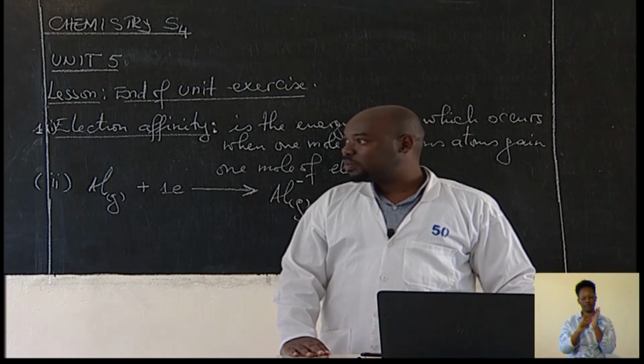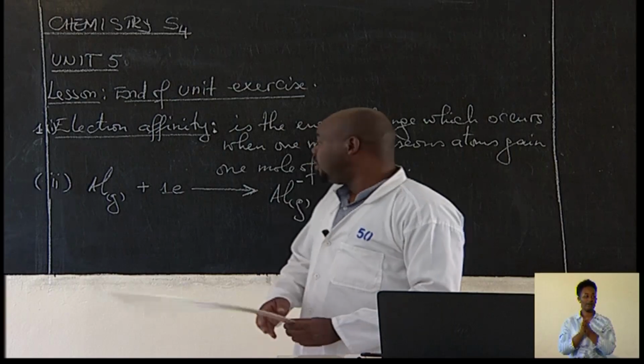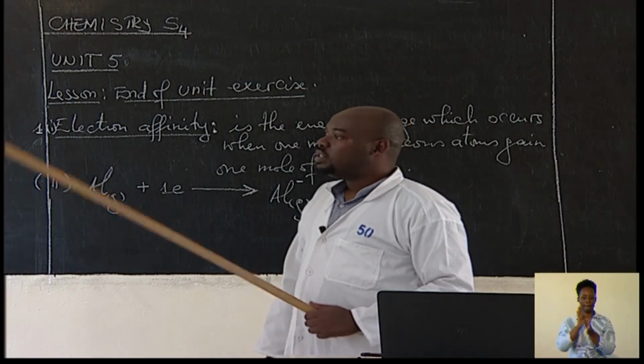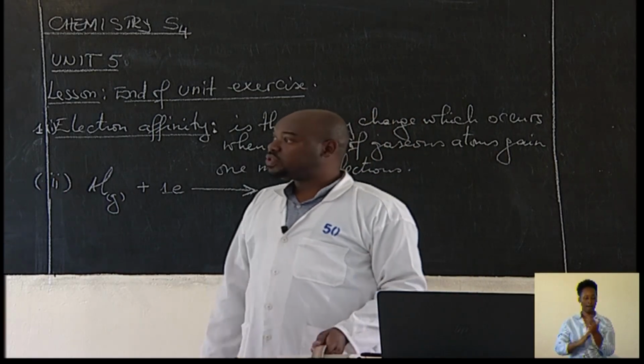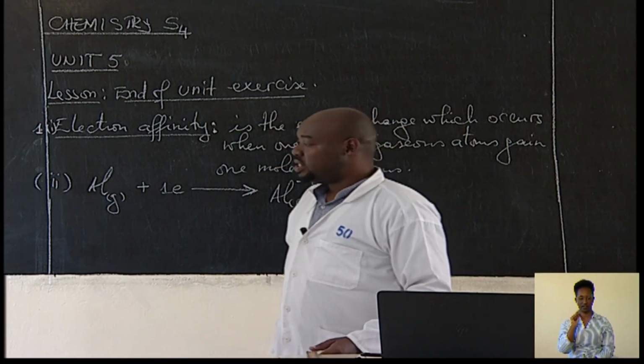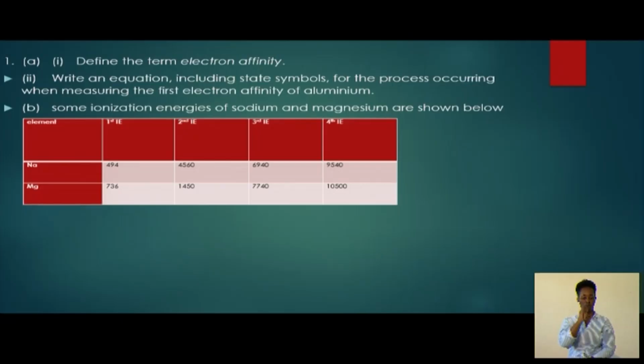representing that process. And B, we have some ionization energies of sodium and magnesium shown below. We have the values here. First ionization energy, second, third, and fourth. For sodium, it is 494, 4,660, 6,940, and 9,540.